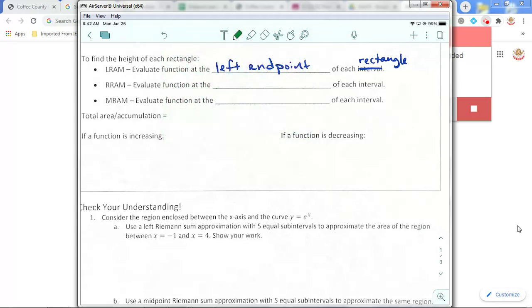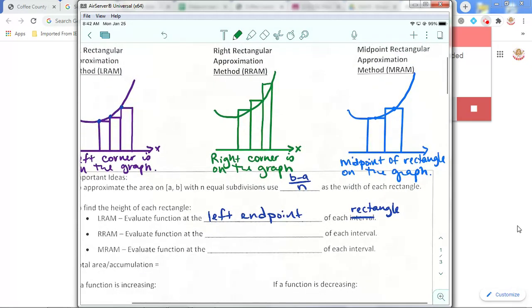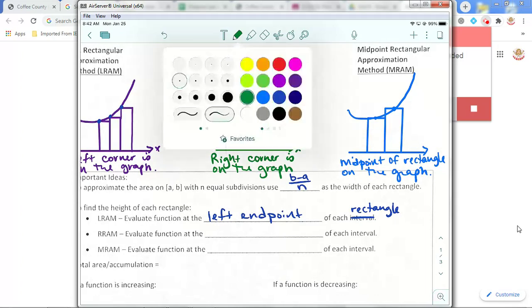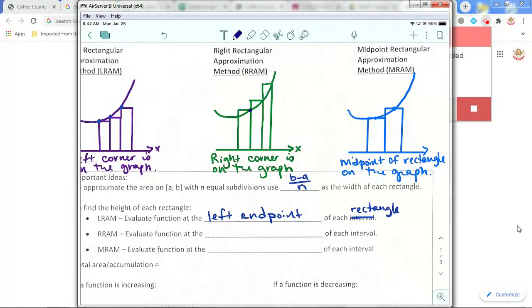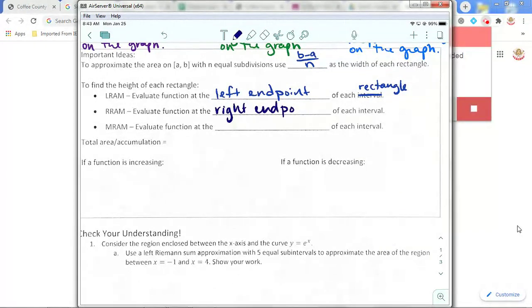All right, then for the right rectangular approximation, the value of the height is going to come from the value of the function at that right corner. And so we're going to evaluate the function at the right endpoint of each rectangle.